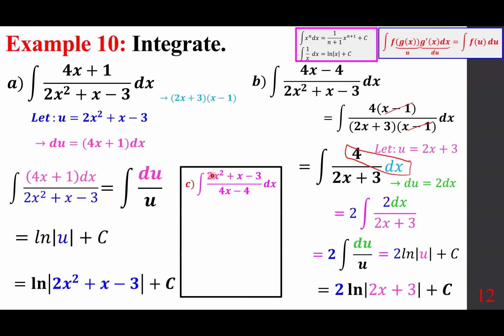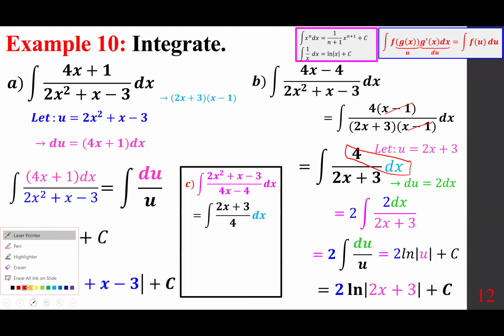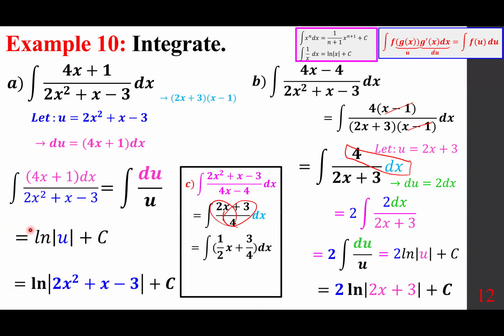Because we can factor it. So instead of 4 over 2x plus 3, now we have 2x plus 3 over 4 dx. And what's the difference? Well, make up 2 fractions. This is half of x. This is 3/4. We do not need the substitution method. That's the difference, everybody.